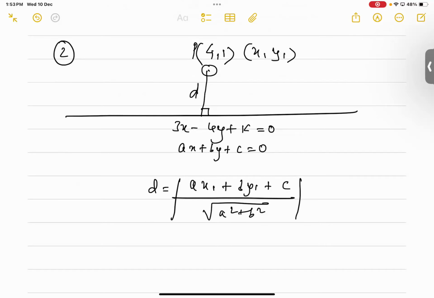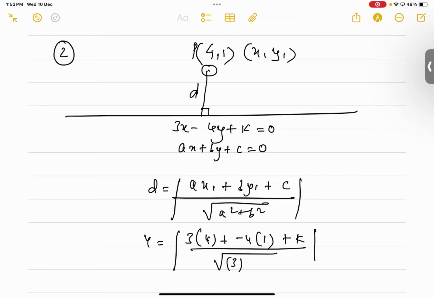The distance is given as 4. A is 3, x1 is 4, b is minus 4, y1 is 1, c is k, upon root of 3 square plus minus 4 square.